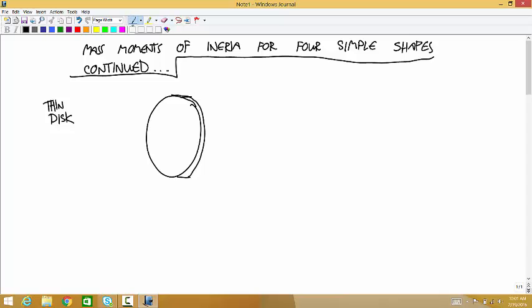Okay, and those are the axes that we're going to consider rotations around: the x-axis, the y-axis, and the z-axis.